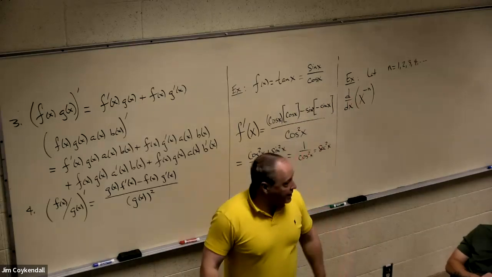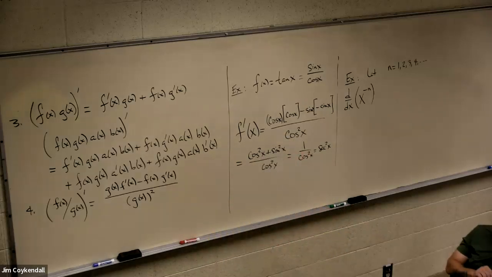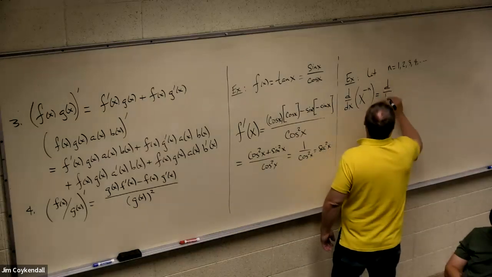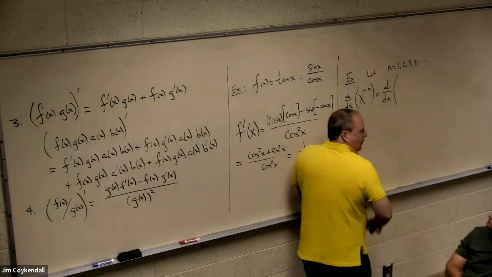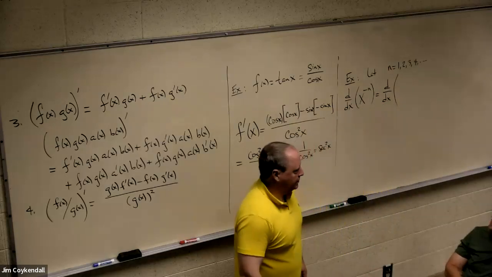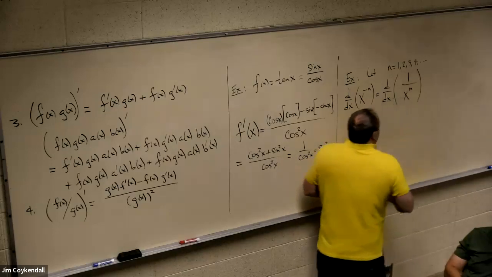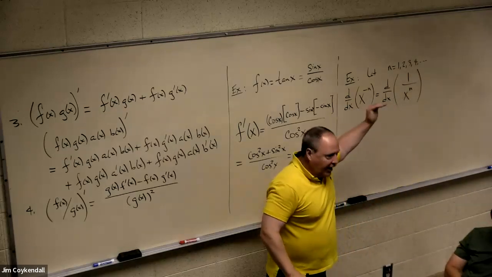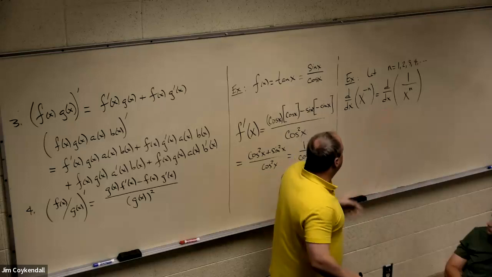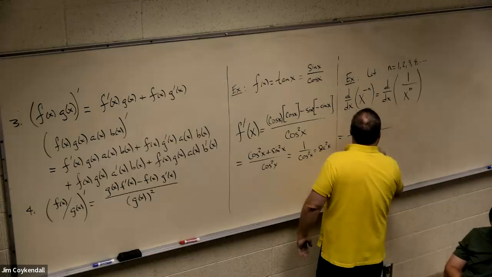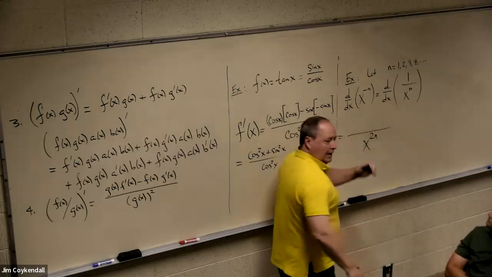Now remember, a moment ago, we couldn't do negative powers of x, right? But now the quotient rule totally saves us in the following sense. What's another way to write x to the minus n? Good, good, good. Absolutely. 1 over x to the n. And now that's a quotient of two things that I know the derivative of, right? So in theory, I can work this out. Quotient. Now square that: x to the 2n.